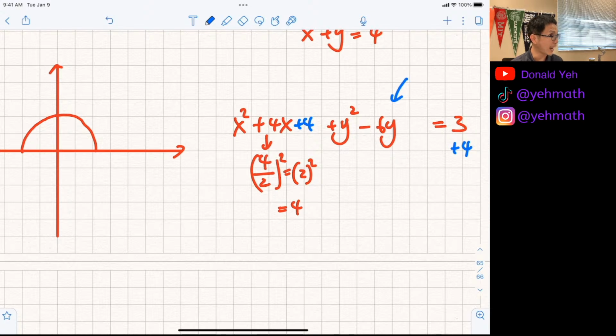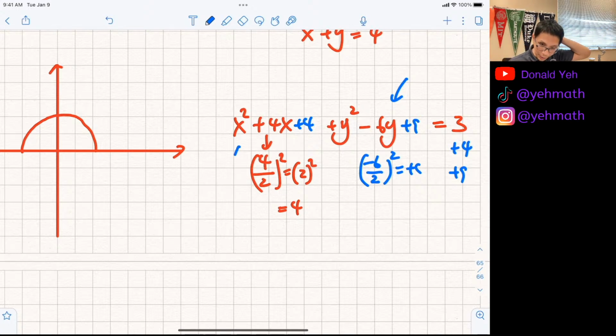So what do you think you need to add? Take the middle term, divided by 2, and square. What do you need to add? Negative 6 divided by 2, squared, yes, plus 9. So you're going to add 9 on both sides, because that's a seesaw. You add 9 here, you add 9 on the other side.